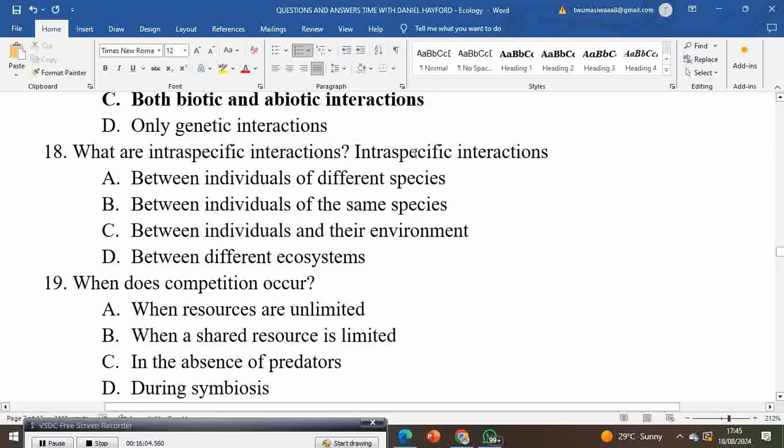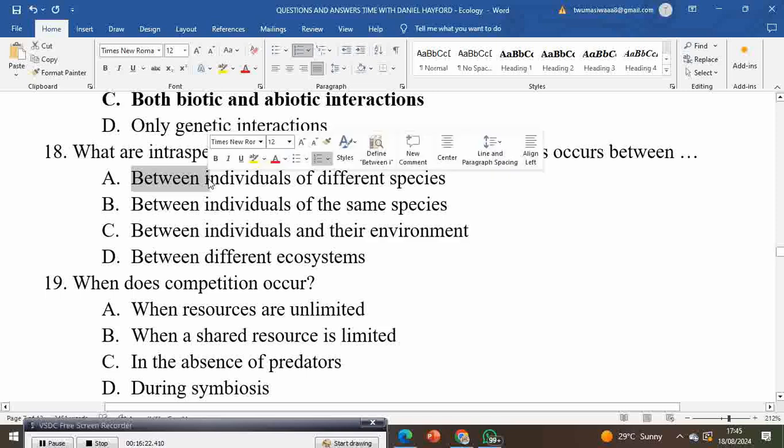So we can say that intraspecific interactions occur between individuals, and we can remove the between here.